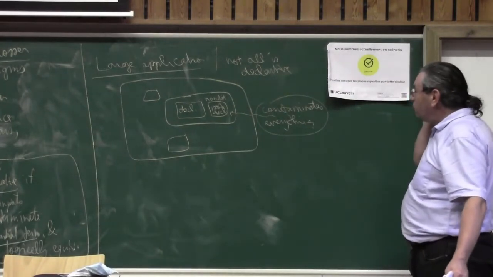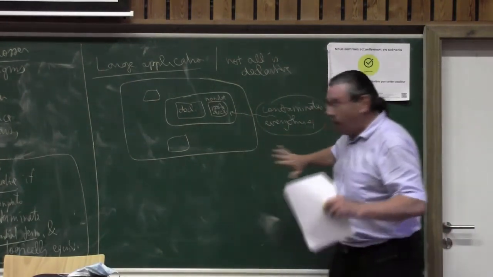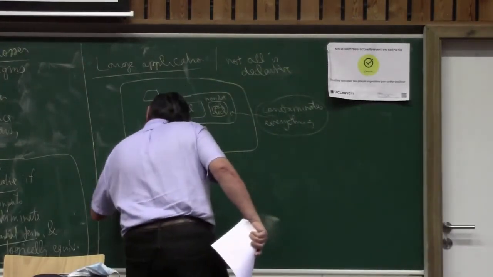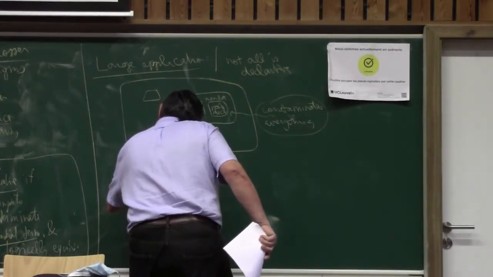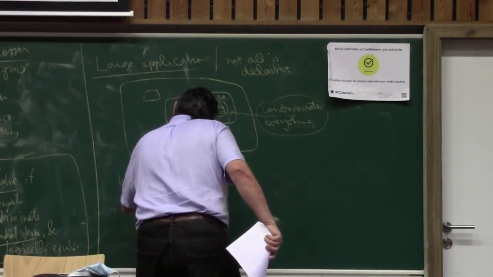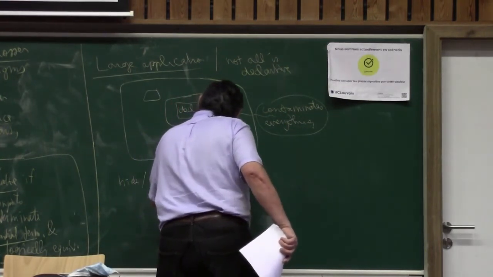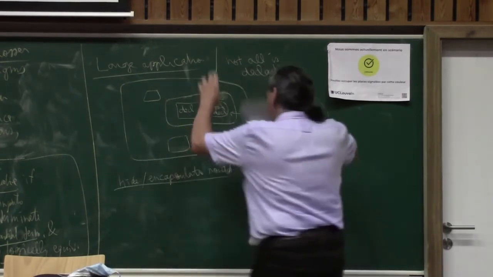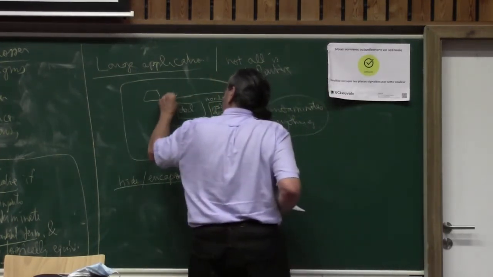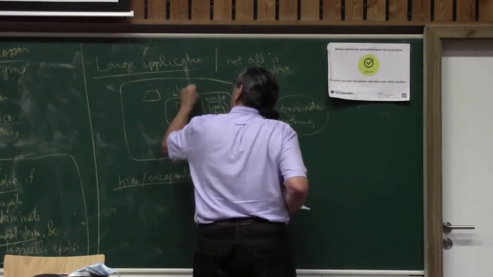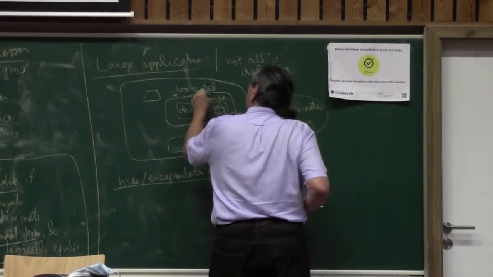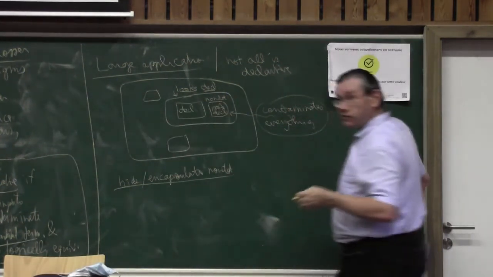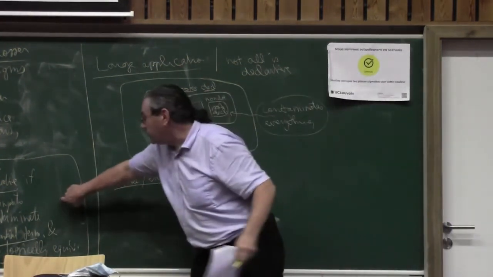Well, what can we do with this? We can try to hide or encapsulate the non-determinism, so that from the outside it still looks declarative. So we can make it so that this box, from the outside, still looks like this.